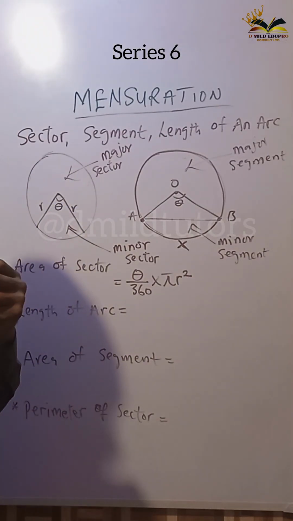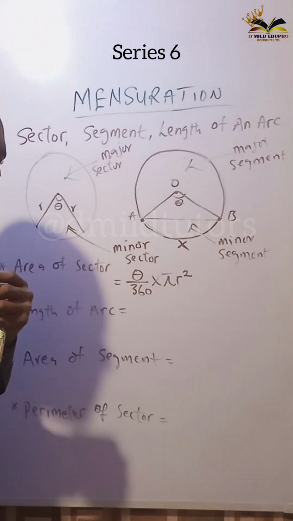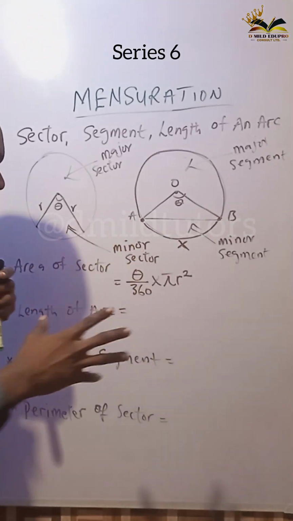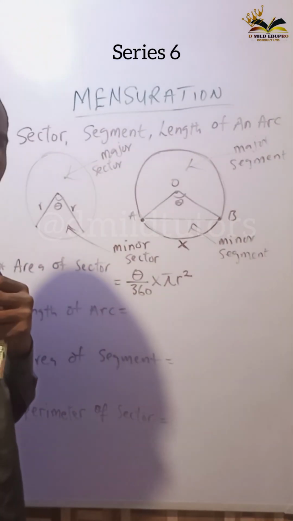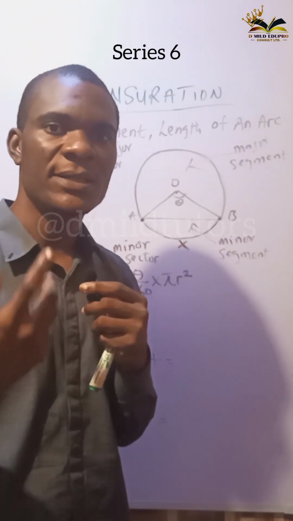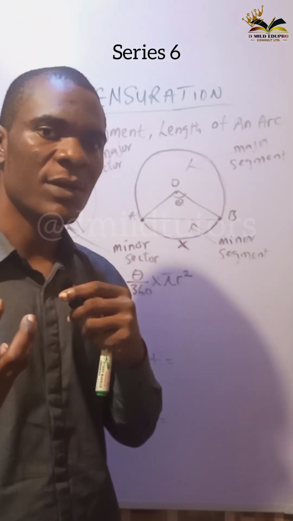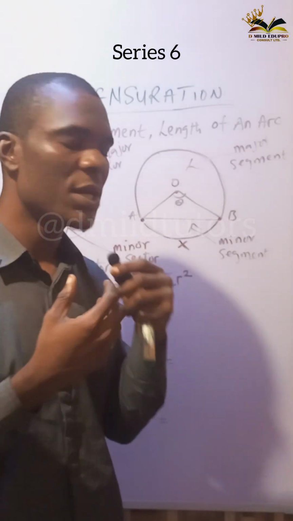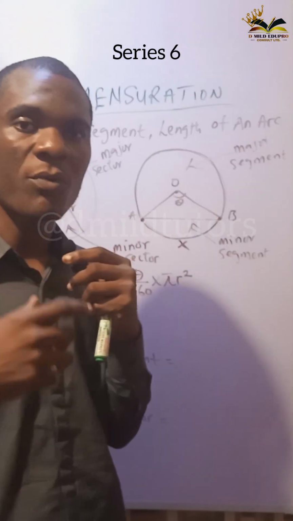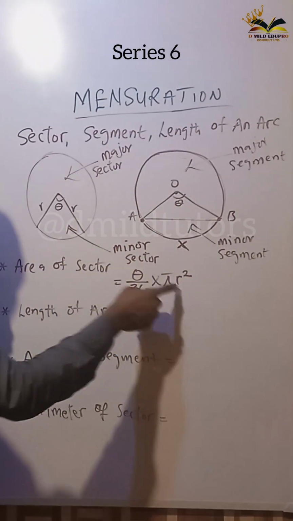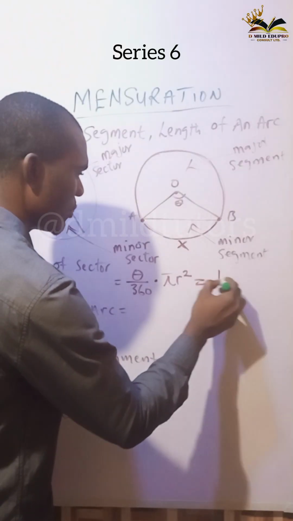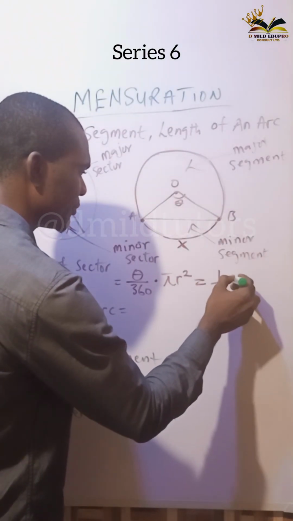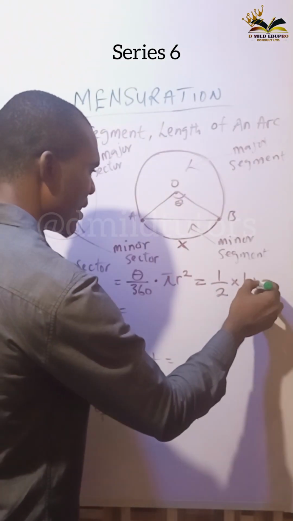Whenever we are talking about the formula of a circle, pi is part of it and is always constant. You are either given it as a fraction, which is 22/7, or as a decimal, which is 3.14. And then your radius will be given from the question. Equals 1/2 times L R.